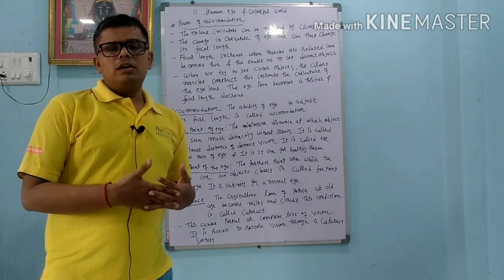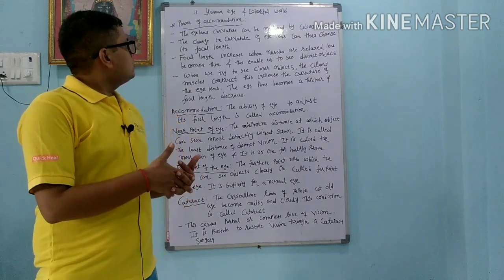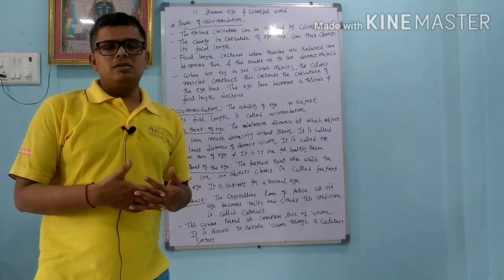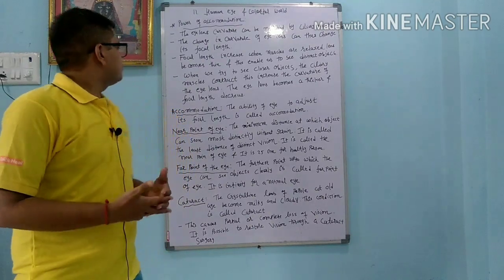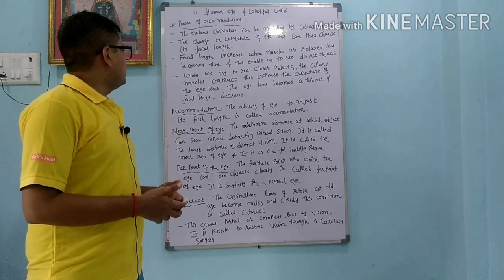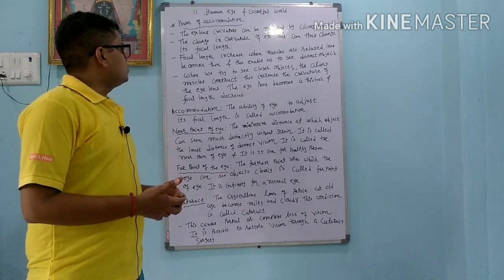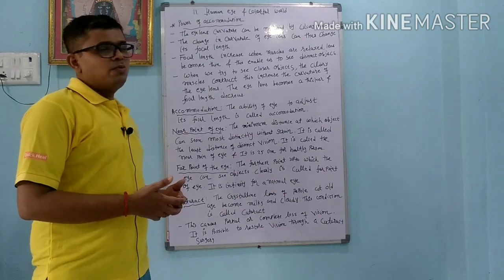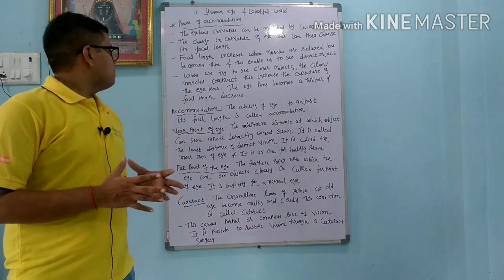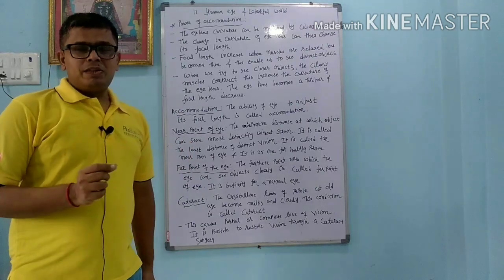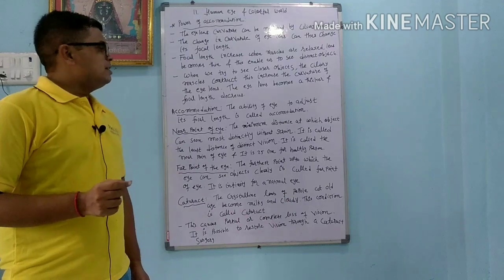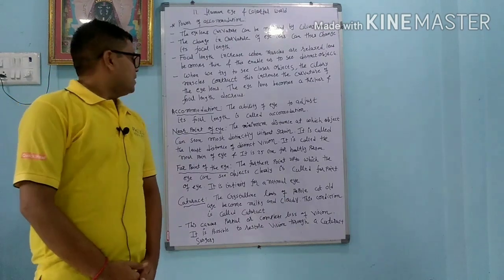Focal length increases when muscles are relaxed and the lens becomes thin, and this enables us to see distant objects. So when objects are very far, the muscles become relaxed and the lens becomes thin, and because of that the focal length is increased and we can see objects which are very far.